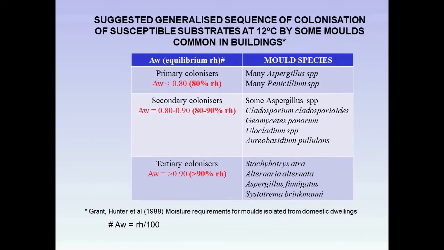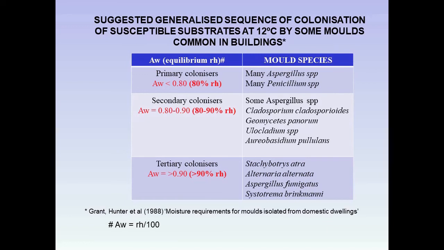And this shows up the different colonisation of moulds. They can be split into primary colonisers, requiring RHs of up to about 75-80%. Secondary colonisers, they will germinate and require 80 to 90% RH, and the tertiary colonisers 90% plus.